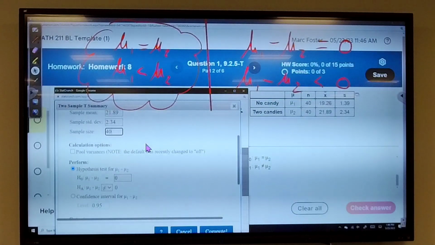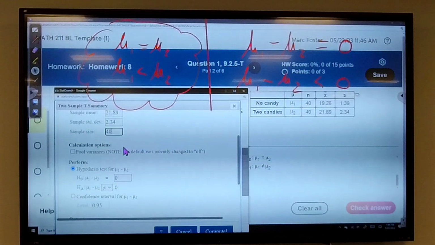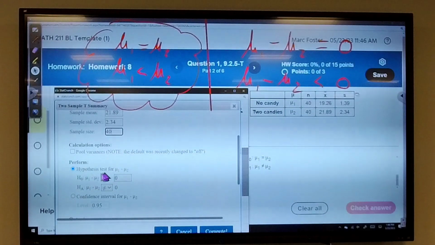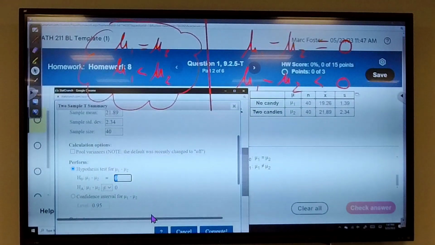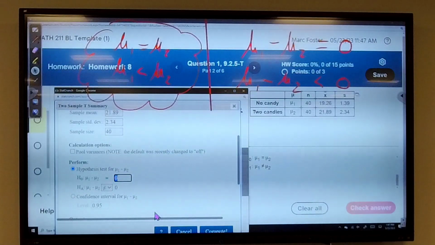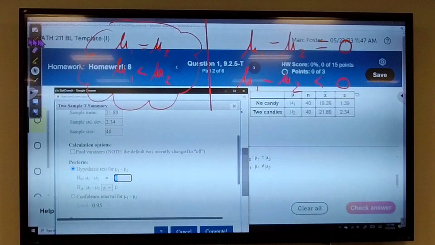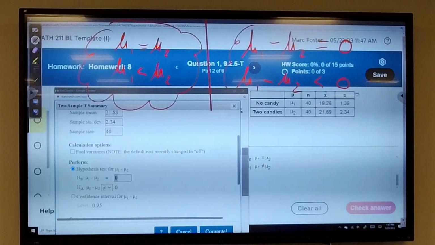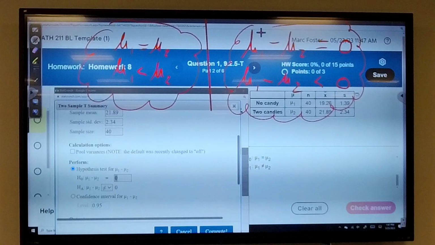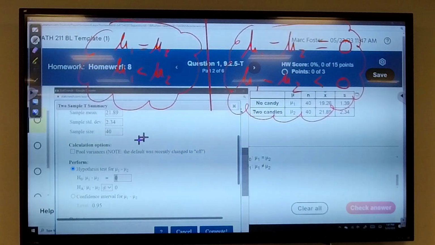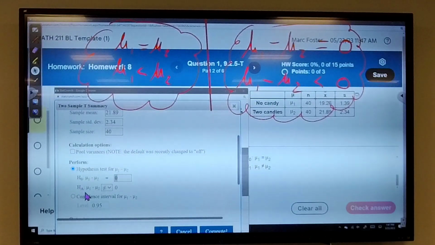When I scroll down, it should be pre-selected for a hypothesis test. The difference in the 2 means is 0, just like we said in our original setup. The difference of the 2 means is 0, but mu1 should be less than mu2.